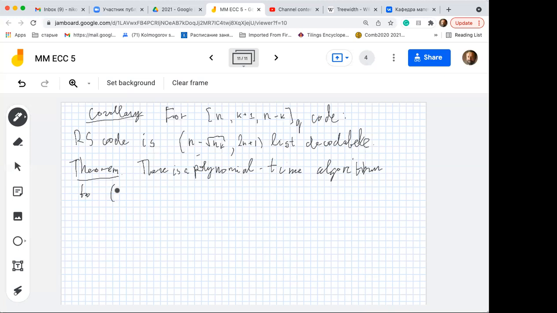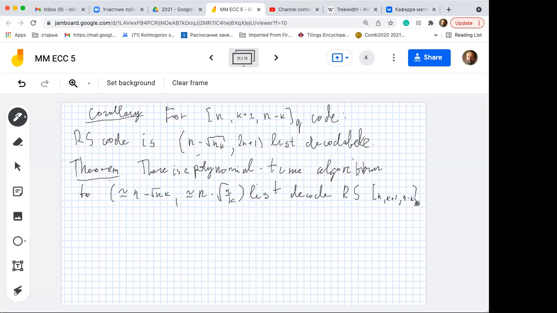to approximately list decode n minus square root of nk errors, and the list size is approximately n times n over k, for the Reed-Solomon code with parameters n, k plus 1, n minus k.